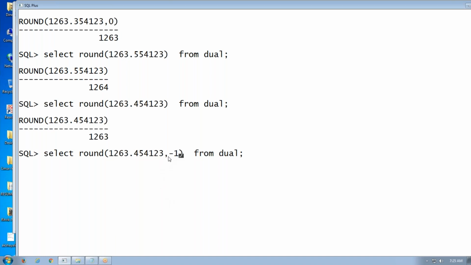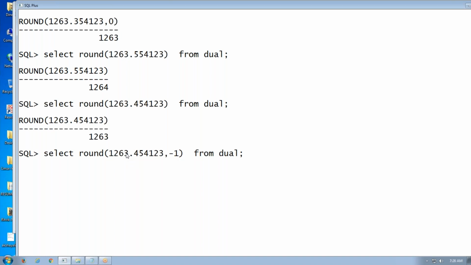See here, how many digits you want to round up in the integer part? One digit. This is the first position digit. This digit is rounded. Rounded means it is made as a 0.